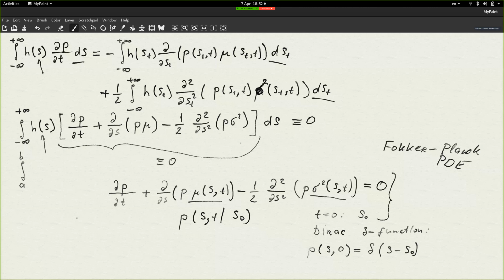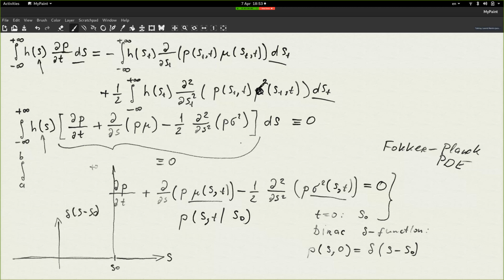So this delta function of s minus s0 is such that it is equal to 0 everywhere apart from this point S0, so this is S, this is S0, and at S equal to S0, this function is equal to plus infinity.